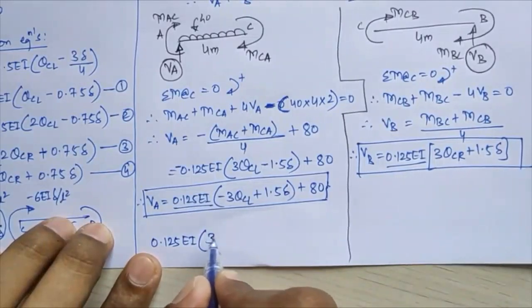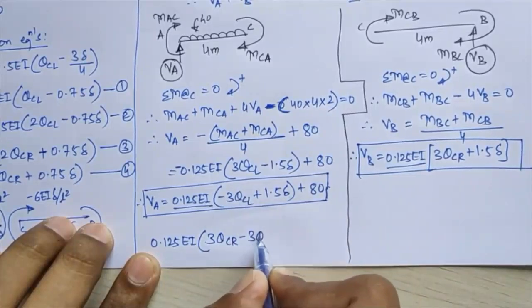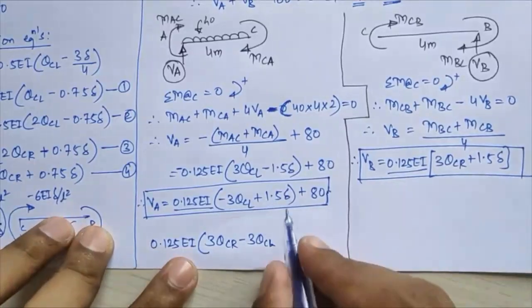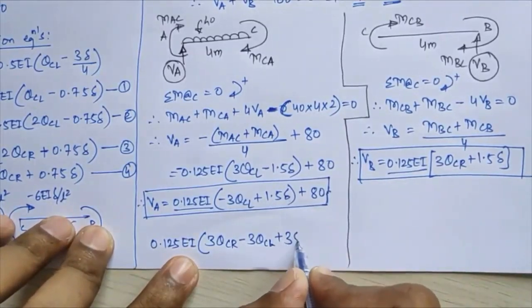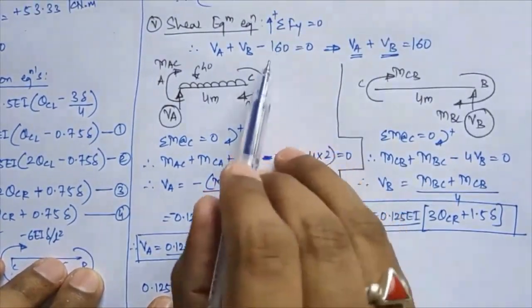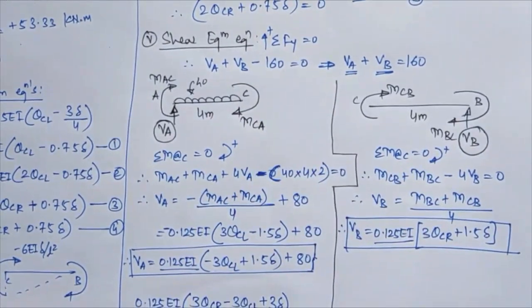First I'll write the theta CR terms: 3 times theta CR minus 3 times theta CL, and 1.5 delta and 1.5 delta, so I'll get 3 times delta. The constant term remaining is plus 80 and minus this 160, so that becomes minus 80, equal to 0.